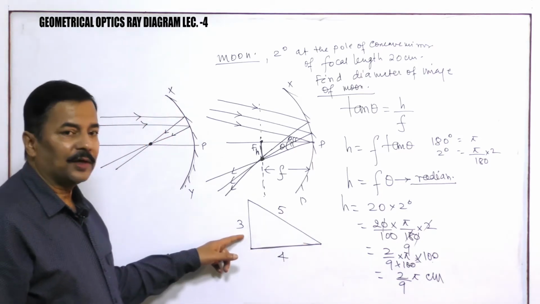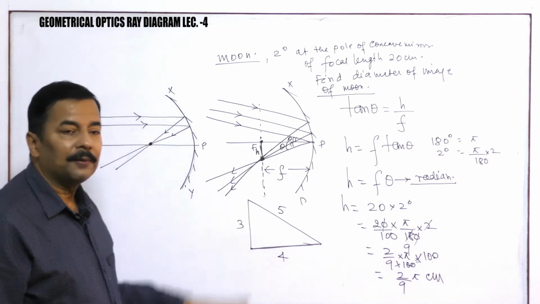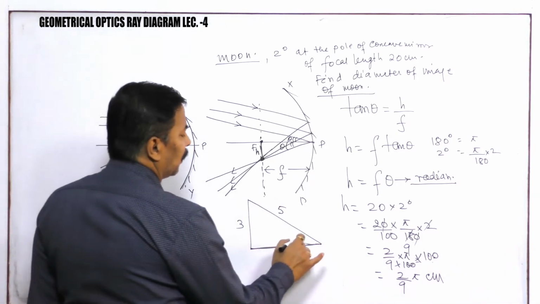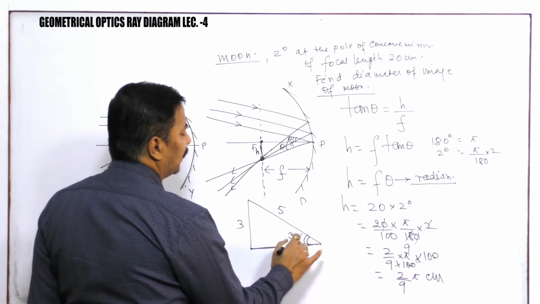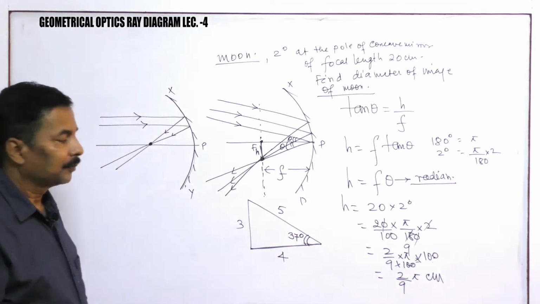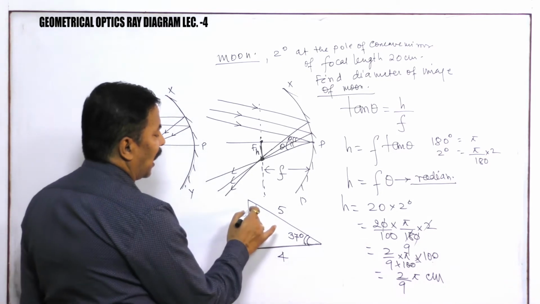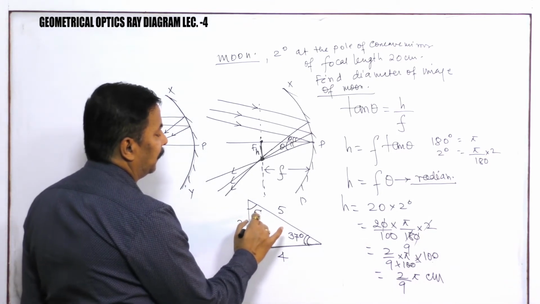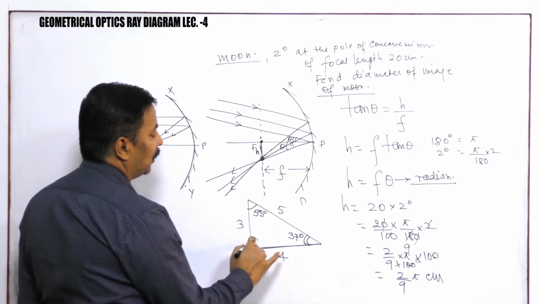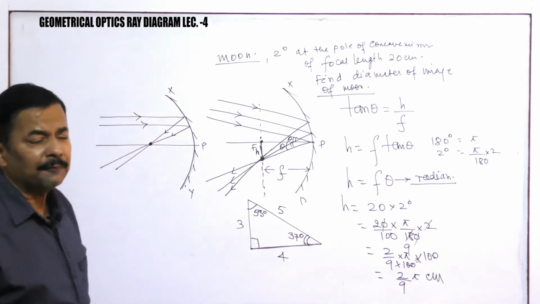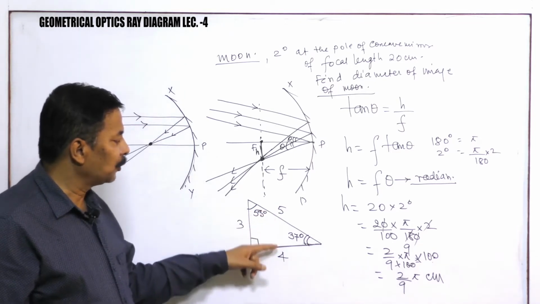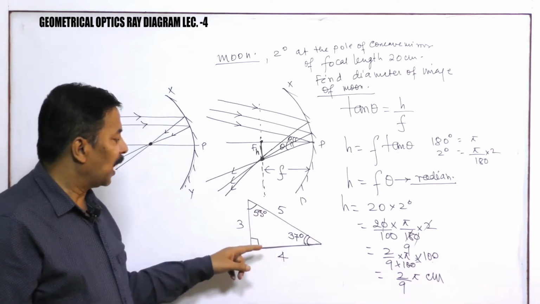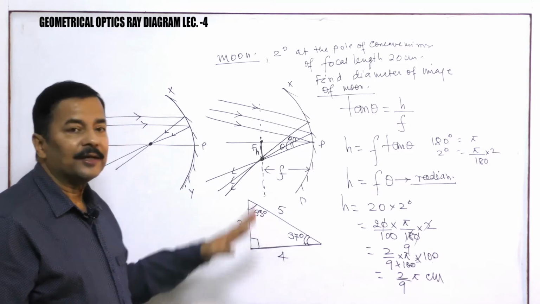If this is 3, this is 4, this will be 5, then without confusion directly remember that this angle is 37 degree. This angle is 53 degree. And this angle already is 90. This will be helpful to you whenever, if this is 3 and 5, you can automatically say it as 4, and if it is 3 and 4, you can say it as 5.